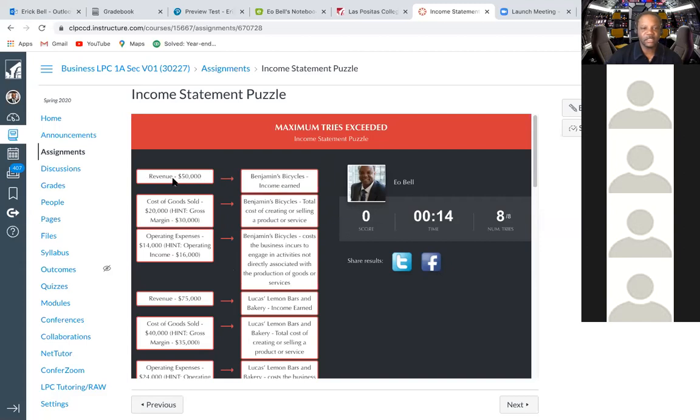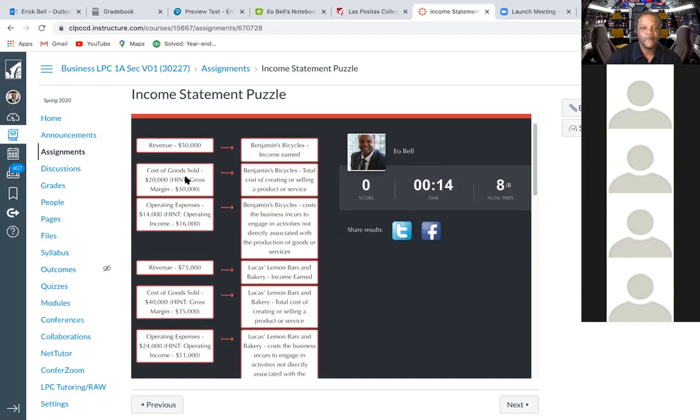Revenue goes to the 50,000. Then cost of goods sold, which is the total cost of creating or selling, with Benjamin's 50,000. The hint here tells you if gross margin is 30,000 and your cost of goods sold is 20, 30 plus 20 has to equal 50,000.